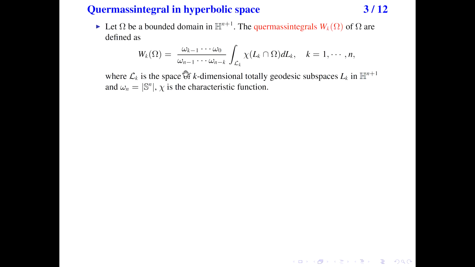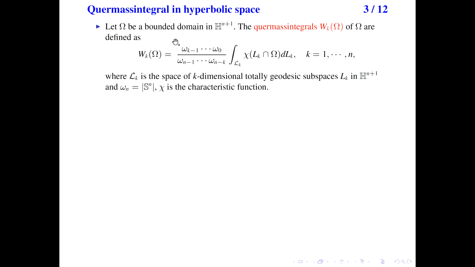Here, this is a constant, and this is the integration over the space of k-dimensional totally geodesic subspaces, which may be identified with a Grassmann manifold. And here the function chi is a characteristic function which is equal to 1 if the intersection of Lk with omega is non-empty and is 0 when the intersection is empty.